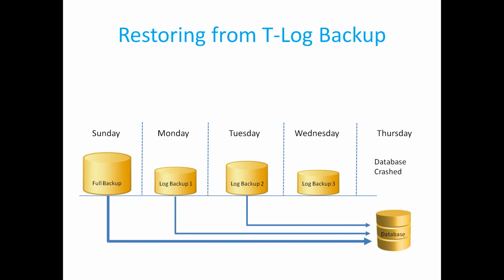And then when I restore Wednesday's log backup, I will be choosing with recovery option so that my database will come online. So I have given rough figures like Sunday, Monday, Tuesday, Wednesday, but in real time, you will be taking backup once in a day, and for every hour, you schedule log backups.